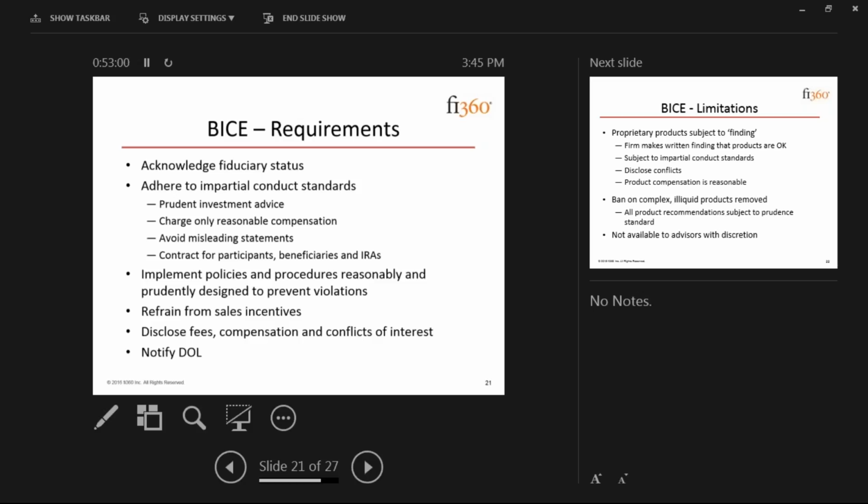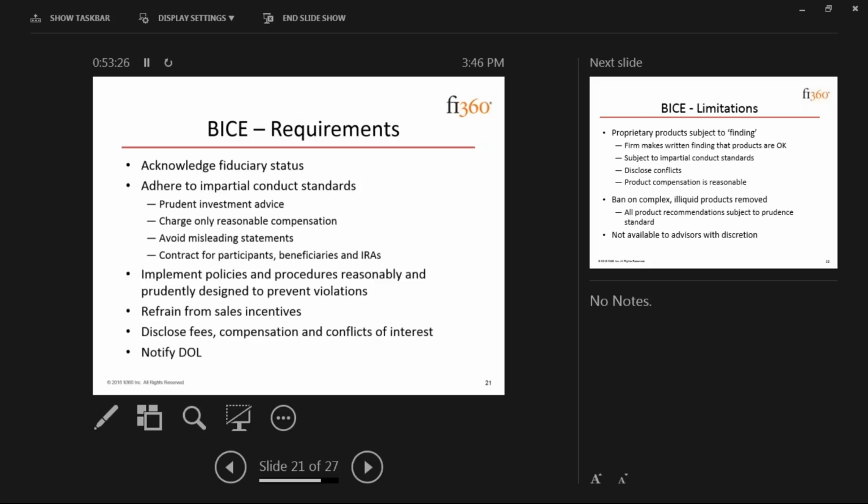So fiduciary is moving over there in a big way, and so the firms are going to need to decide: do we want to embrace the fiduciary role, and are we concerned enough about the onerous requirements of BICE that, for those fiduciary accounts, we're going to move from indirect and variable compensation to level compensation and remove the conflicts, so we don't have to deal with BICE?